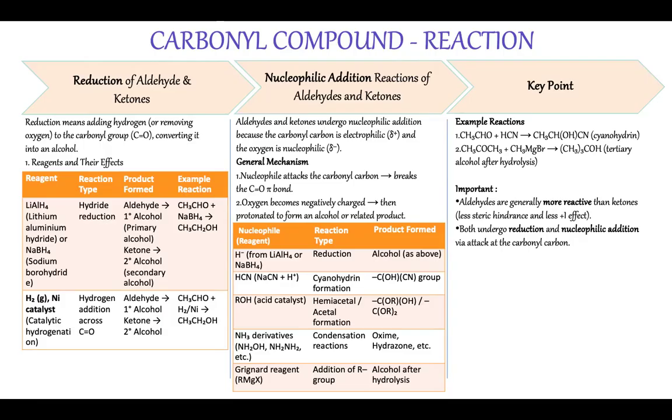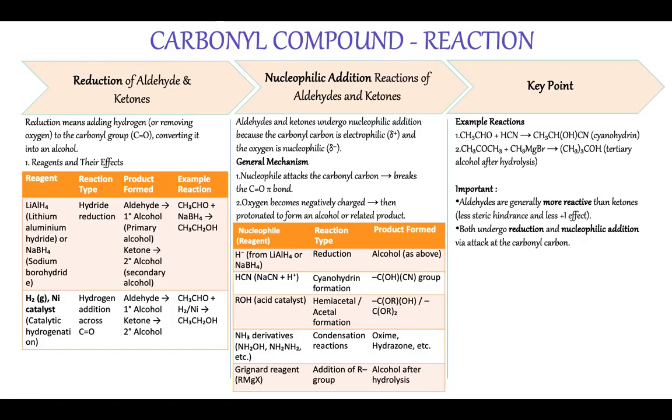So we can see here, with the use of nucleophilic reagents, the first reaction type is reduction, where the product formed is alcohol. The second type is cyanohydrin formation, where the product formed is the C(OH)CN group.